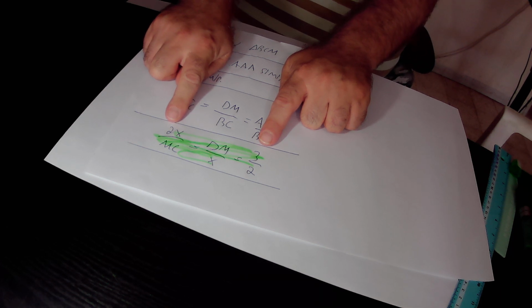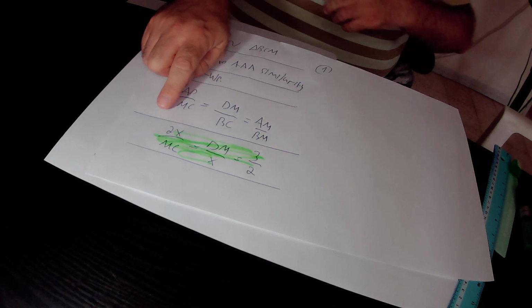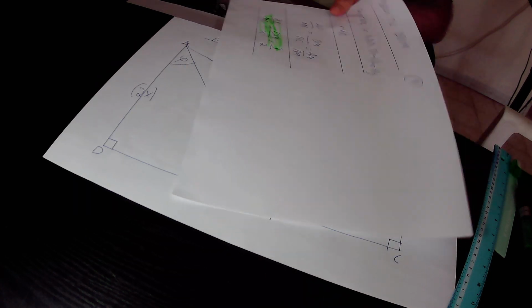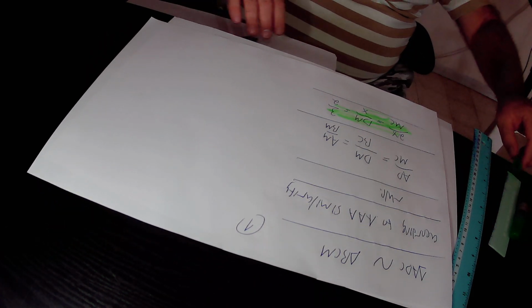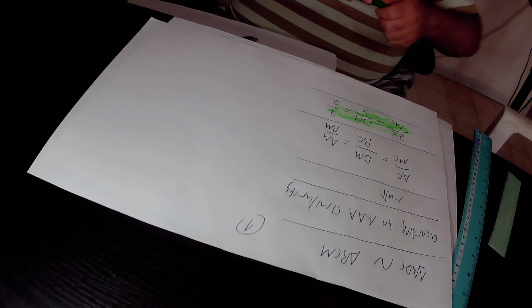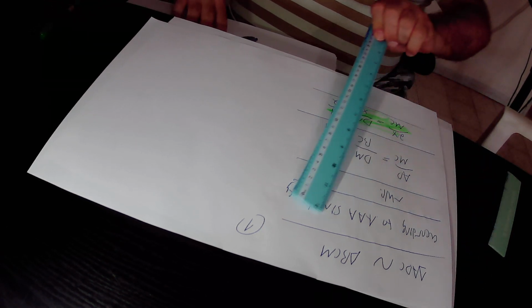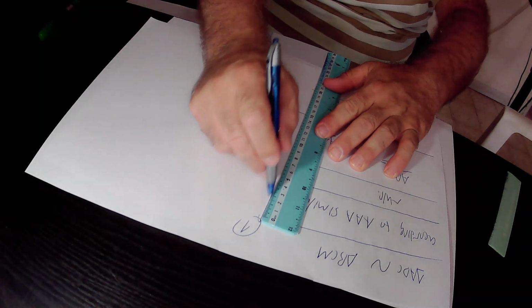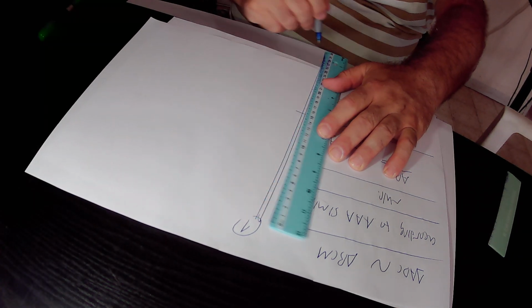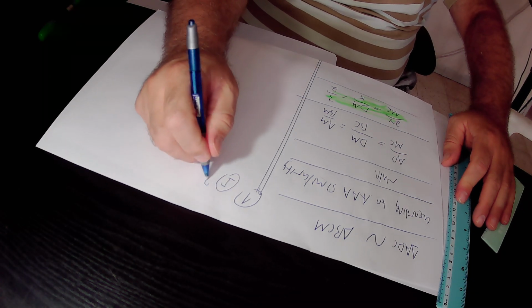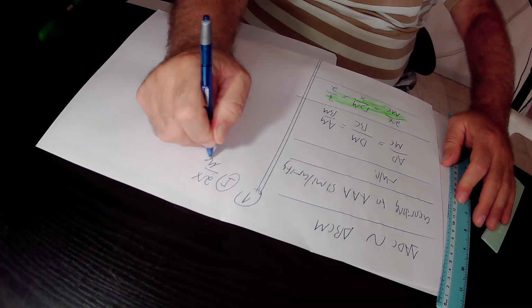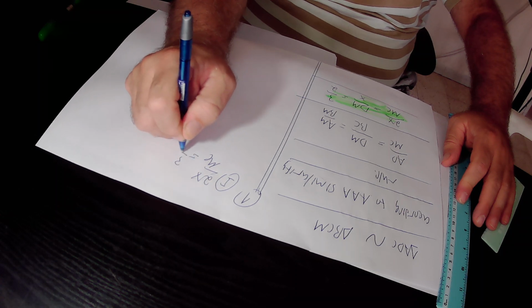That is to say, according to equation 1, 2x over MC equals 3/2. So I write it down.